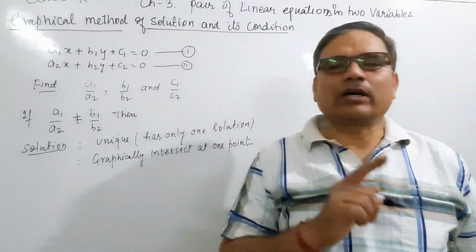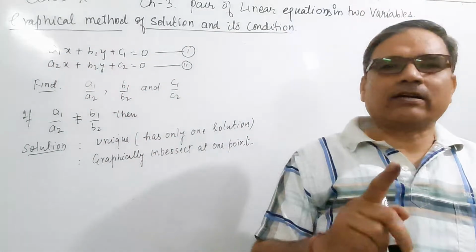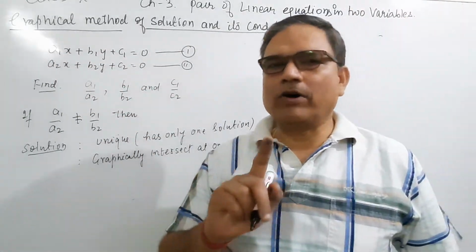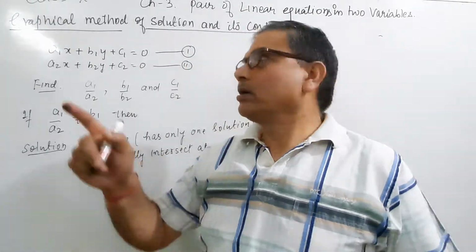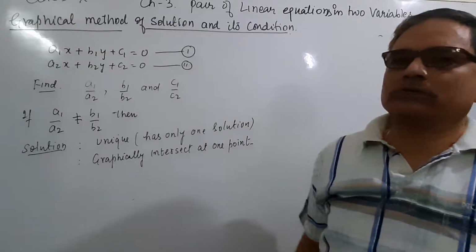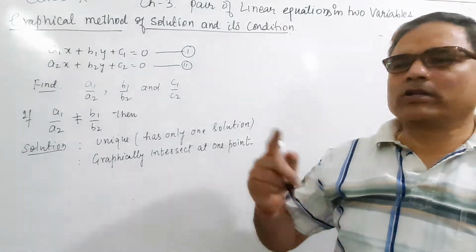This means when we draw the graph of two lines, they will intersect at one and only one point, and that point is the solution of the two equations, which is the same, or we can say common, for both.